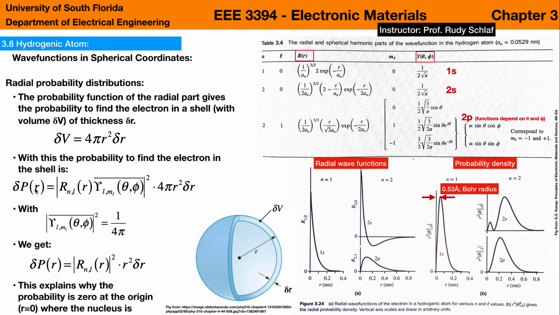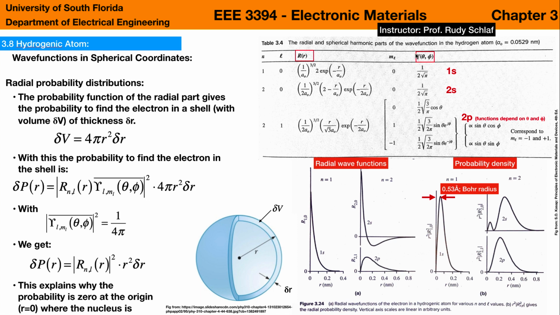If we want to calculate the probability to find the electron in this shell, then we need to multiply the absolute square of the wave function with this volume. Since this volume goes to 0 when r goes to 0, the entire probability goes to 0 at r equals 0, and that explains why the probability approaches 0 at the nucleus.